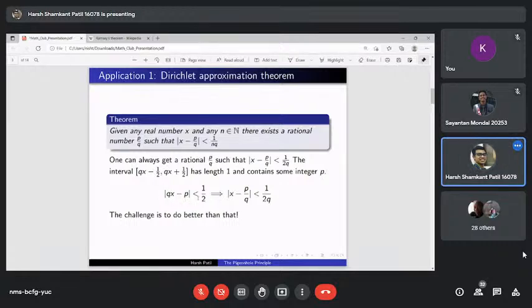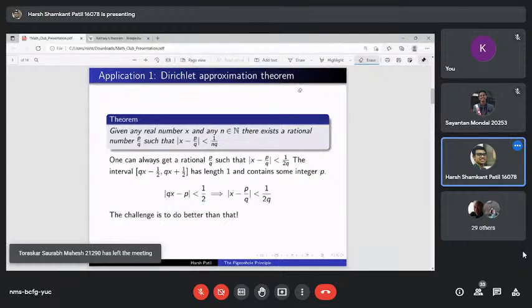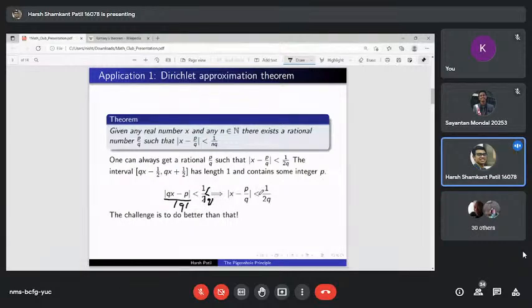The mod value of qx minus p will be less than half, and now you divide this whole thing by mod q and you get this.